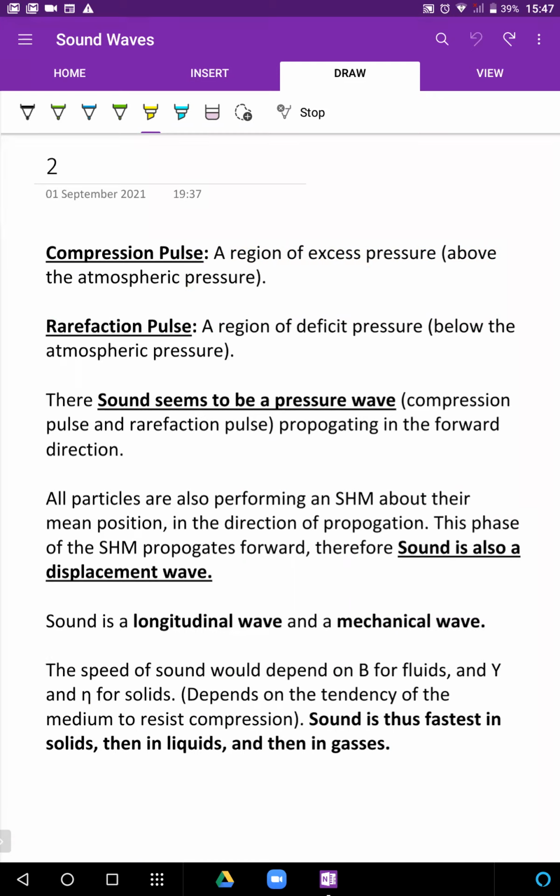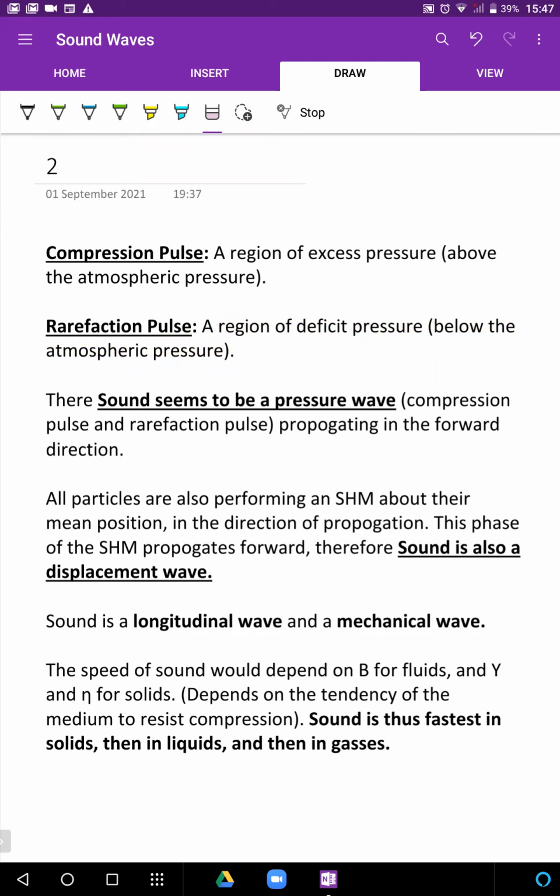Yes, it's rarefaction. The rarefaction pulse is a region of deficit pressure, which is below the atmospheric pressure. Okay? Region of deficit pressure below the atmospheric pressure. That's your rarefaction pulse.